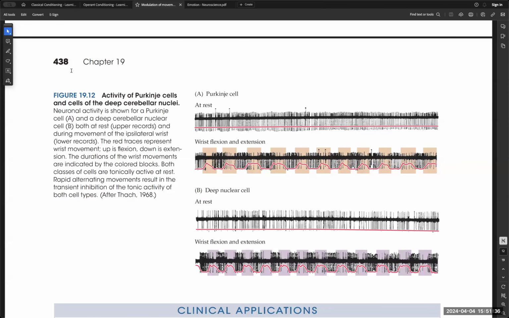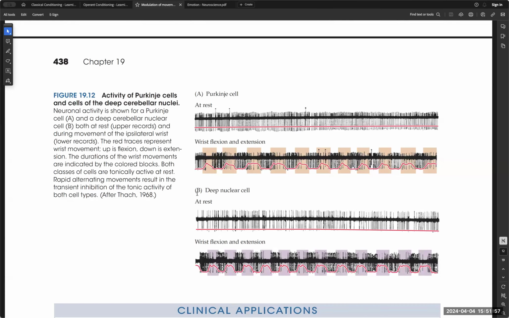You don't need the Zebrin bands. And Zebrin bands are in the Purkinje cells. Purkinje cells are in the cerebellar cortex, I'm sorry. Okay. And then this is the whole concept of tonic activity of what we call Purkinje cells and deep nuclear cells.